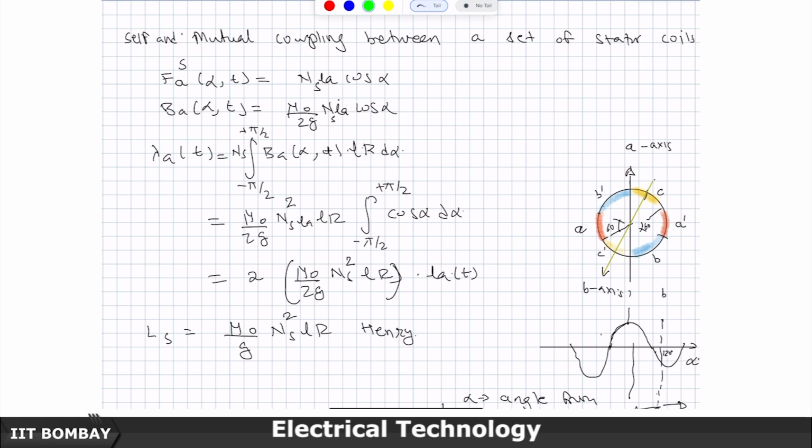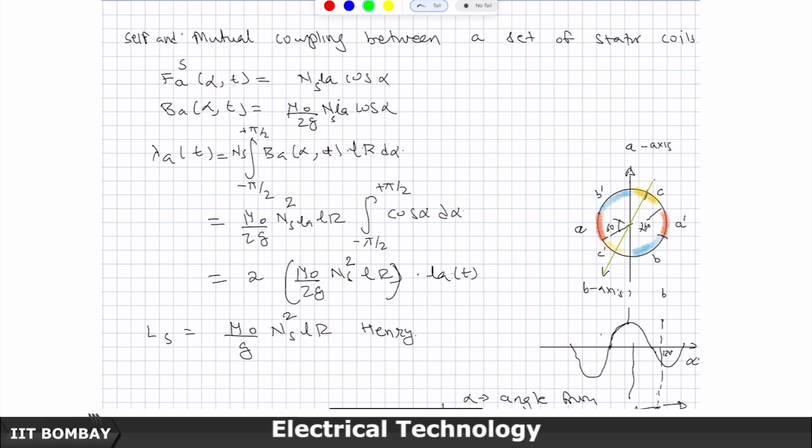So I write this integral with l r d alpha; we know where this has come from, and this gives the flux linking the A phase winding. I have to multiply that by Ns, the number of turns on the stator, to convert flux to flux linkages.